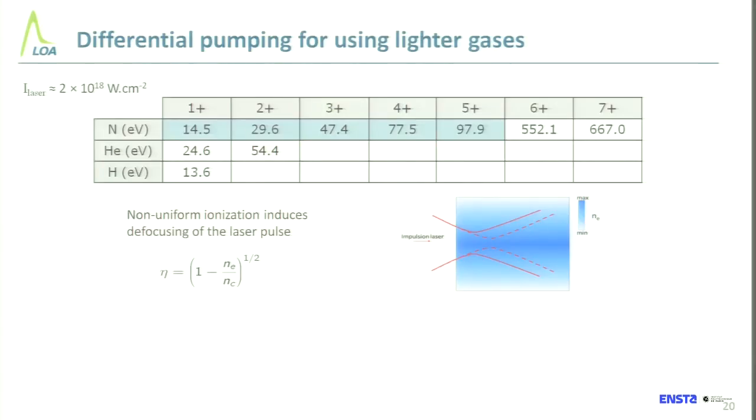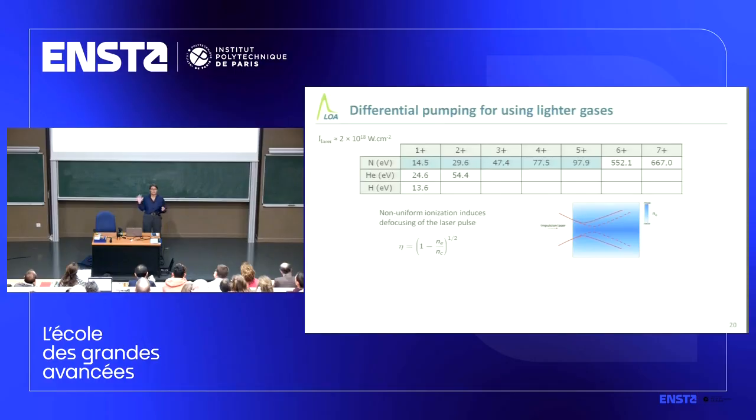So first of all, why do we use nitrogen? It's because using nitrogen, our laser is intense enough to ionize the 5 first levels of nitrogen, which means that we really quickly reach the electronic density that we need. But as you can see, we have 5 different ionization levels. And so the molecules of nitrogen, when they see the incoming laser pulse, depending on their position with respect to the laser axis, will not see the same laser intensity.